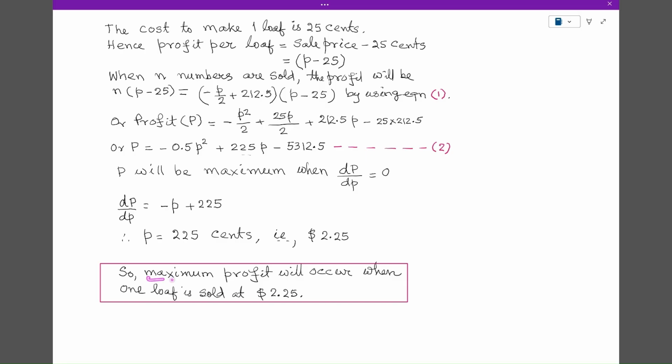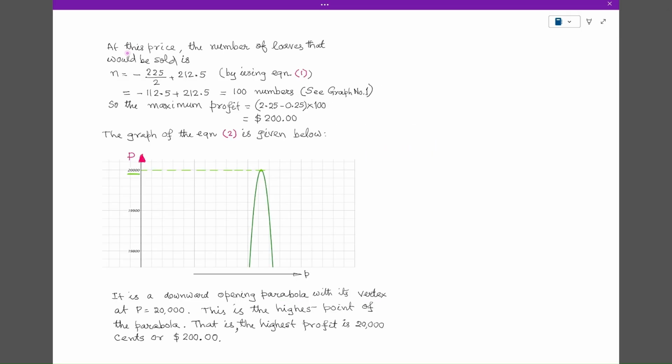Therefore, the maximum profit will occur when one loaf is sold at $2.25. At this price, the number of loaves sold is n equals minus 225 divided by 2 plus 212.5, using equation 1, that is 112.5 plus 212.5, which is equal to 100 loaves.